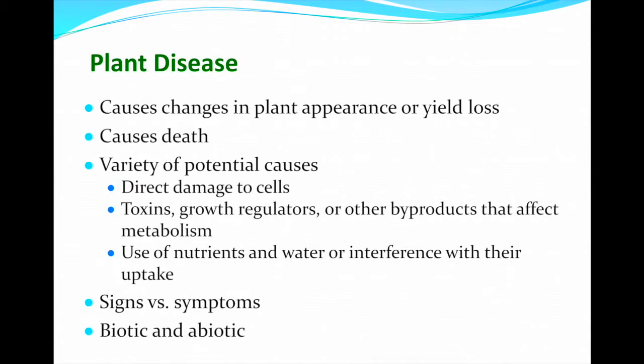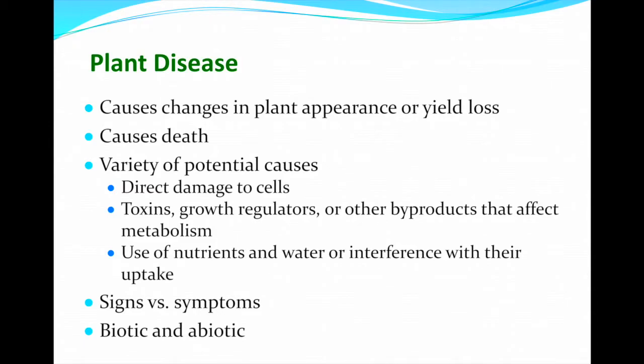You have some pathogens that can produce toxins, which can obviously do damage or cause death. You have some that can produce growth regulators that can make the plant get bigger or smaller, or the fruit bigger, smaller, distorted, can do all kinds of weird, almost fantastic things in some cases.